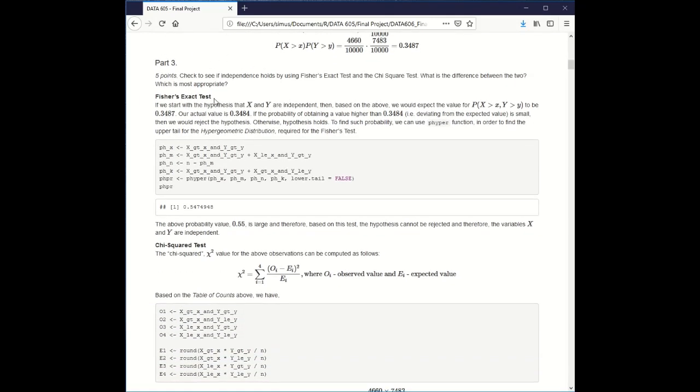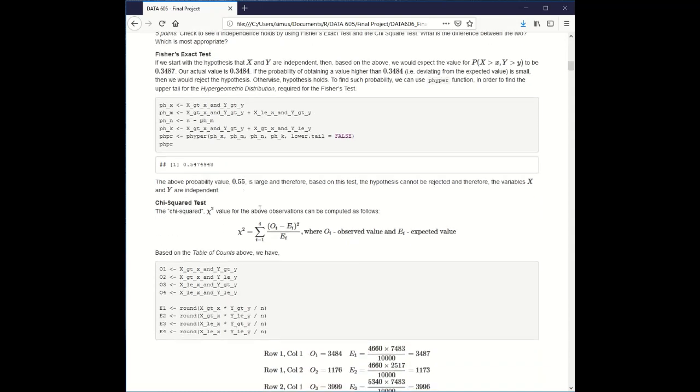We use the Fisher exact test and the chi-square test. For the Fisher exact test, I'm using the hypergeometric distribution to essentially give us the probability of how close or how far we are from the expected value.